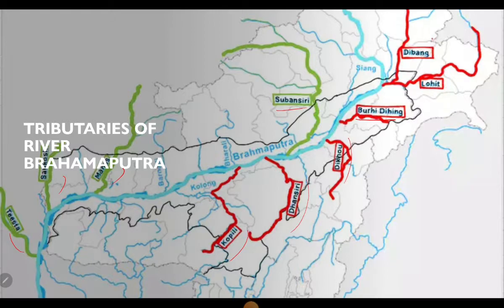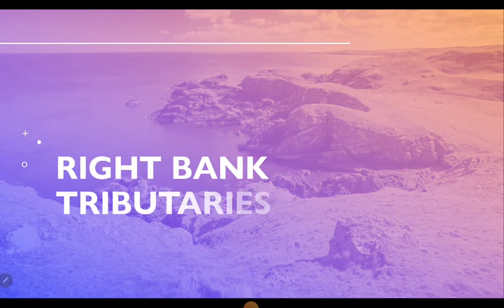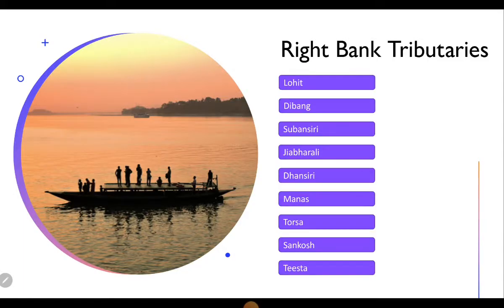In this video particularly, we'll learn about the right bank tributaries. In the next video we'll learn about the left bank tributaries. Lohit, Dibang, Subhansiri, Jiabharali, Dhansiri, Manas, Torsa, Sankosh and Tista are the right bank tributaries of Brahmaputra. Now let's see them one by one.